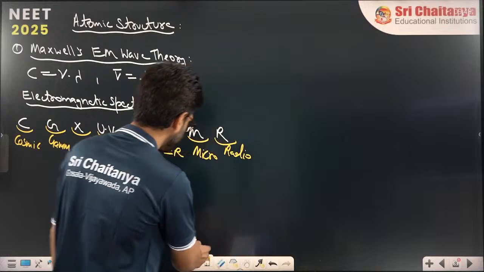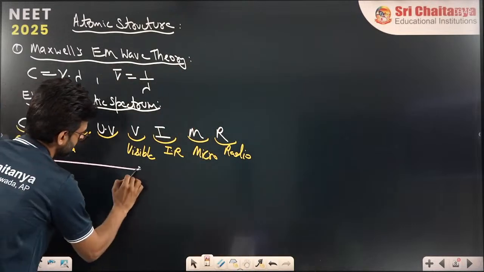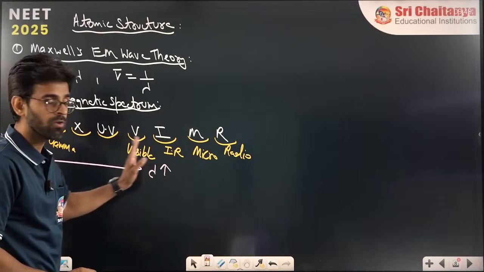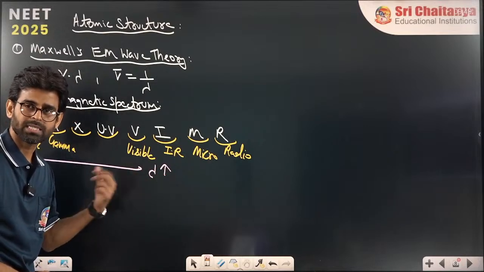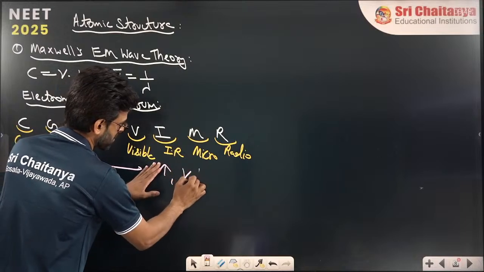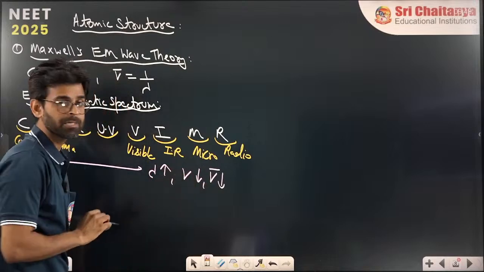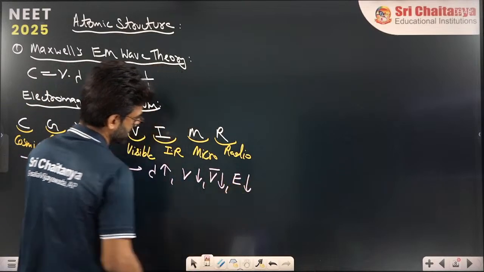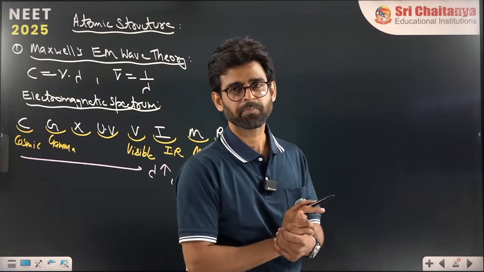If you go from here to here, you see the lambda value is increasing. The wavelength of radio waves is the largest. If lambda increases, frequency decreases, wave number also decreases, and the energy of the photon related to this radiation will also decrease, right?